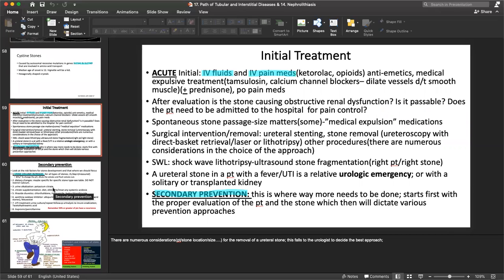Okay, initial treatment, we're going to try to wash that right out of here. So we're going to give them IV fluids and help them with pain. Ketorolac actually helps because it's the NSAID. It helps better than opiates because it's going to decrease inflammation.